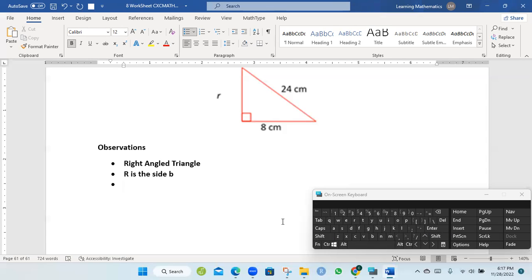Now we can call it A. And obviously 24 is the hypotenuse.